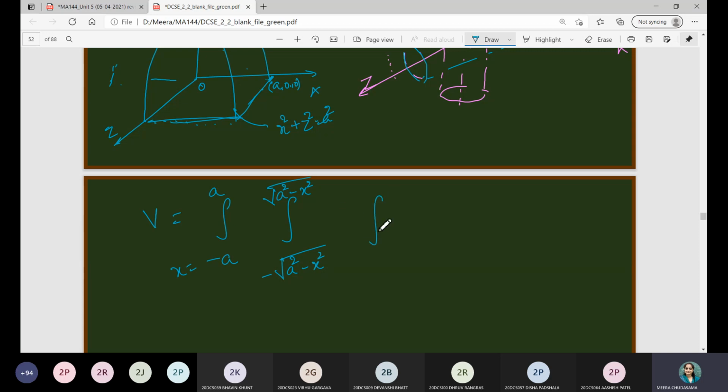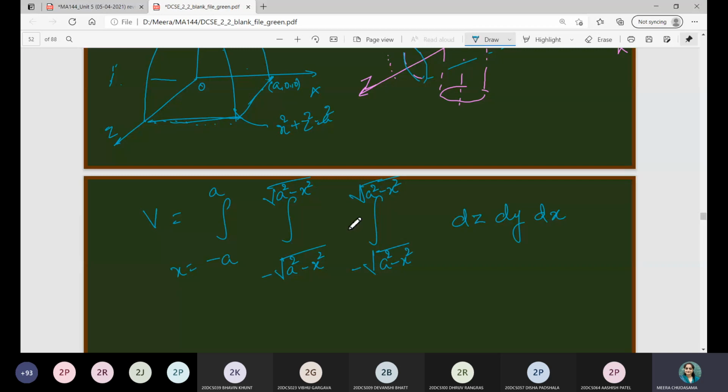The z variable is also moving in the same direction, right? Same limits, that is square root of a square minus x square with negative sign to positive square root of a square minus x square, dz, then dy, and then dx. So that is the difference you can see.